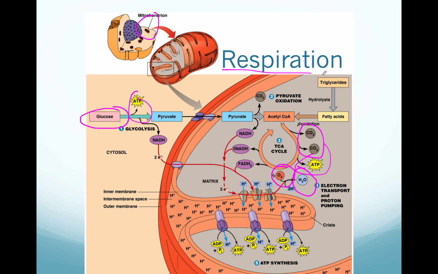So in cellular respiration, we take sugar plus oxygen, and then when we breathe out, we lose carbon dioxide and water.